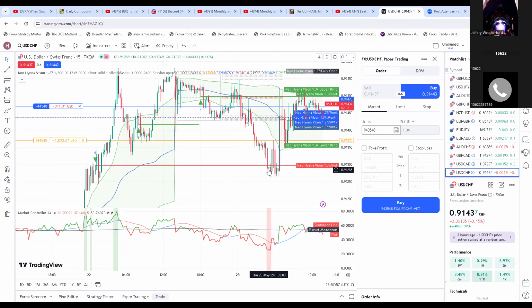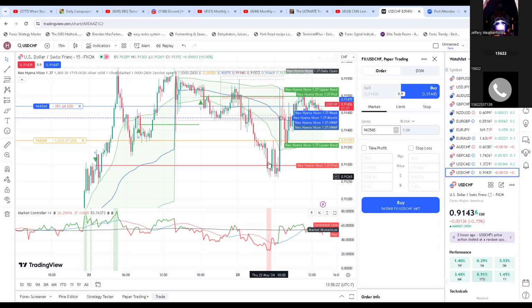That's what I mean when I say compressions. So you can also look at divergence. Are you familiar with the term divergence? Yes. Okay. The market controller also shows divergence. We can see here this was making a lower low and the market controller was making a higher high. You can also see that it broke structure.